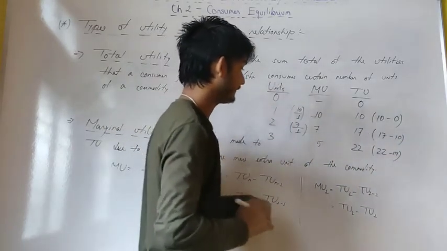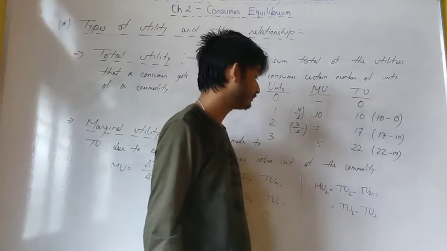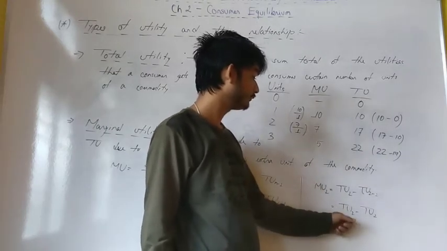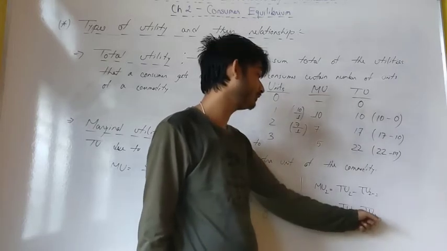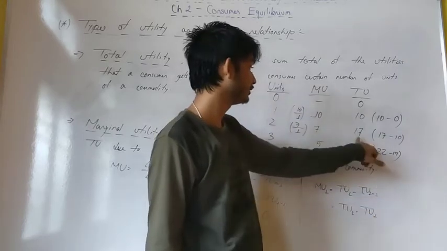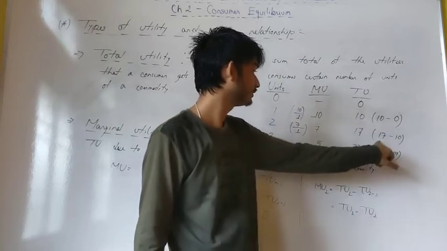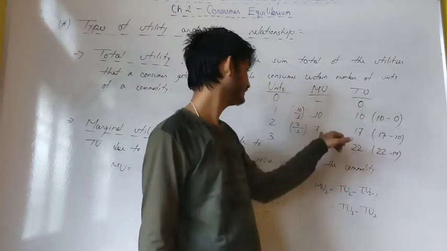So for the marginal utility of the second unit, we need to subtract the total utility of the first unit consumed from the total utility of the second unit consumed. So 17 minus 10 is 7.